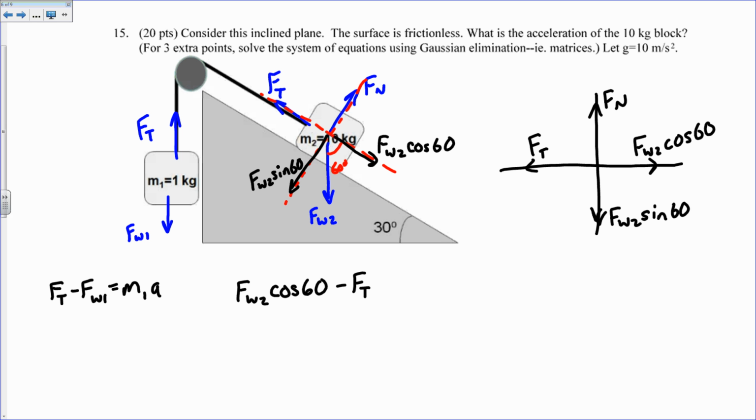Alright, so what I've done here are the sum of the forces in the x direction. FW2 cosine 60 minus Ft, and that is equal to M2A. It is accelerating in that axis on the x-axis. Alright, let's do Fn minus Fw2 sine of 60 equals 0. Since there's no friction involved, I don't really need this value. So I'm just going to go with these first two equations.